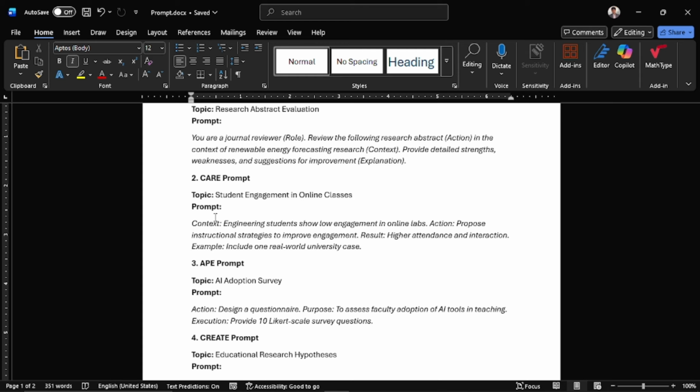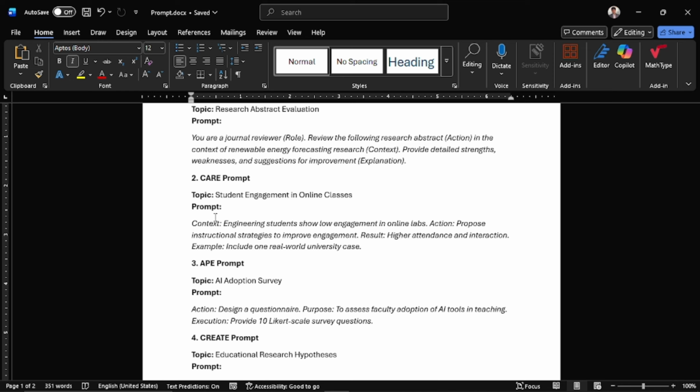So this is mainly used by academicians who are into student engagement in online classes. So the example prompt is: engineering students show low engagement in online labs. Propose instructional strategies to improve engagement. Results should be higher attendance and interaction. Example: include one real world university case. Okay, so that is the CARE prompt.